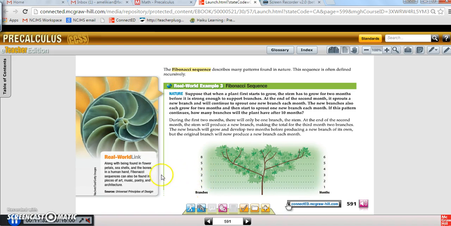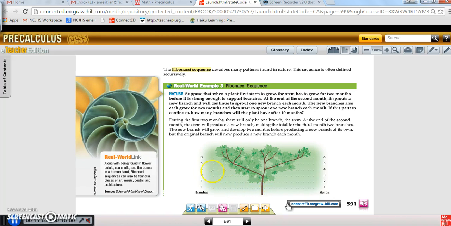So here's an example where the Fibonacci sequence comes into play in nature. If you have a tree, month number 1, you have 1 branch, right? Month number 2, you have 1 branch again. Month number 3, you get 1 more branch, so now you have a total of 2.